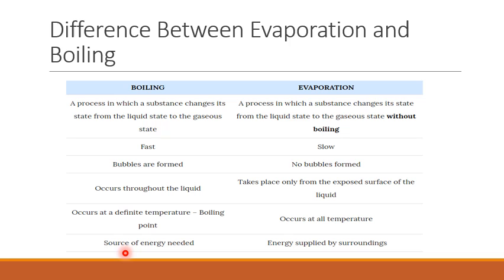For boiling, a source of energy is needed, or I can say I have to heat the liquid, whereas in evaporation, energy is supplied by the surroundings. So these are few differences between evaporation and boiling.